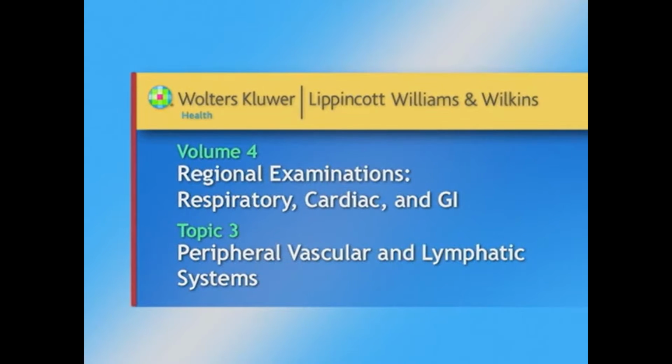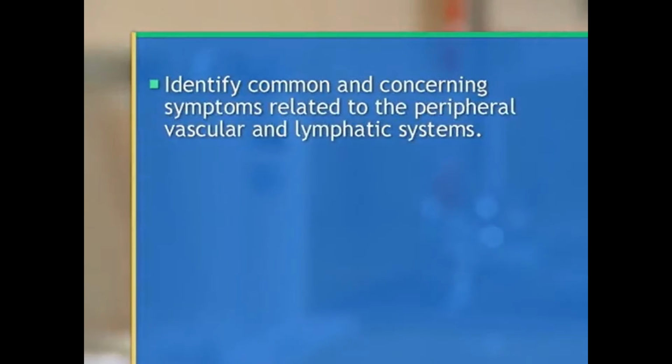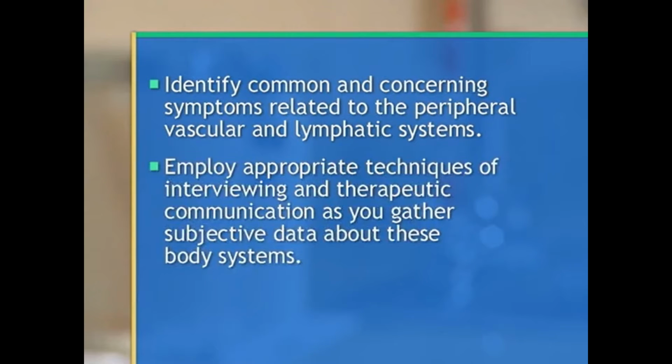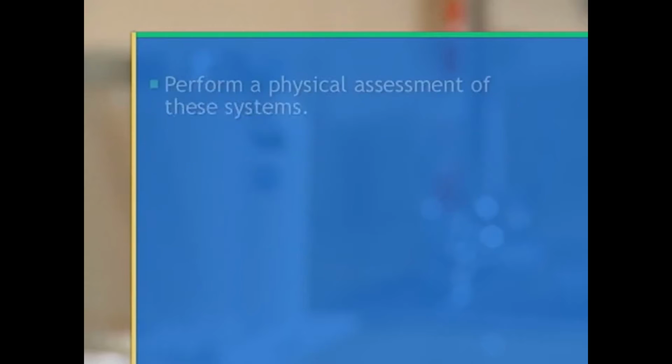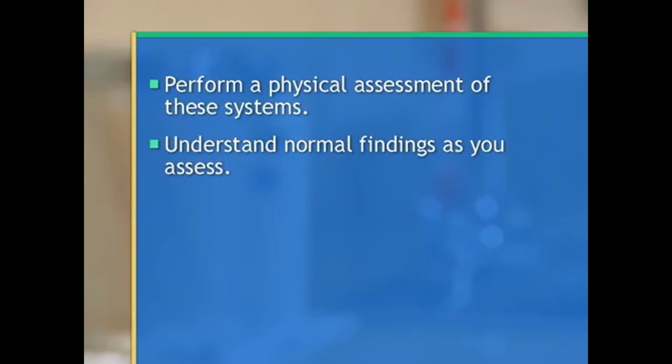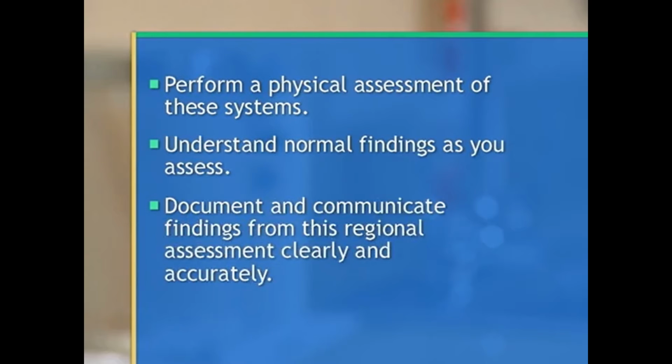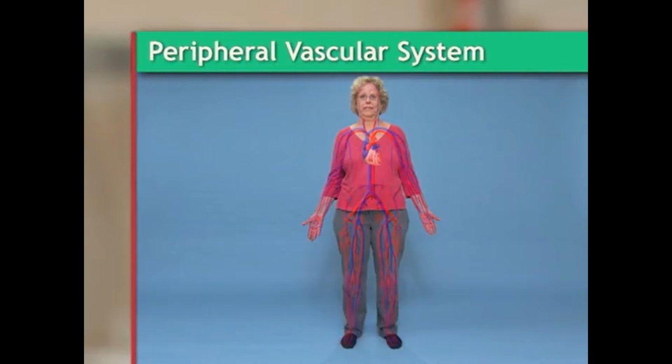Viewing this topic will enhance your ability to identify common and concerning symptoms related to the peripheral vascular and lymphatic systems, employ appropriate techniques of interviewing and therapeutic communication as you gather subjective data about these body systems, perform a physical assessment of these systems, understand normal findings as you assess, and document and communicate findings from this regional assessment clearly and accurately.